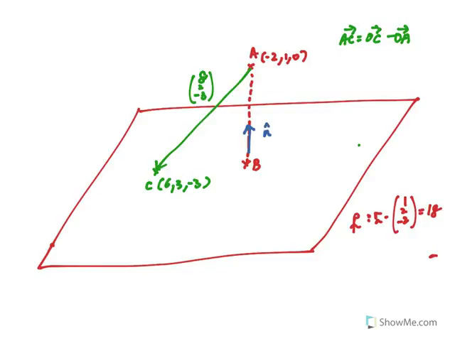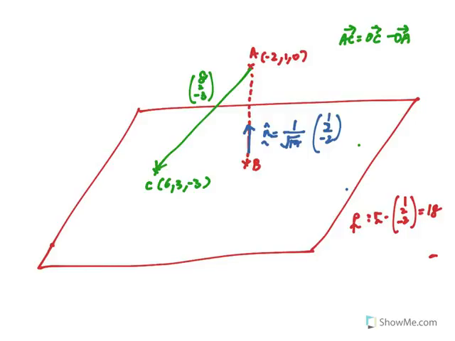N hat is none other than 1 over the square root of 1, 2, negative 2.